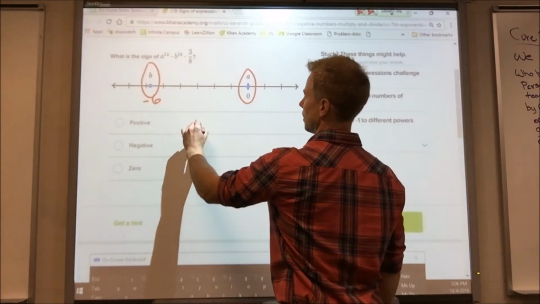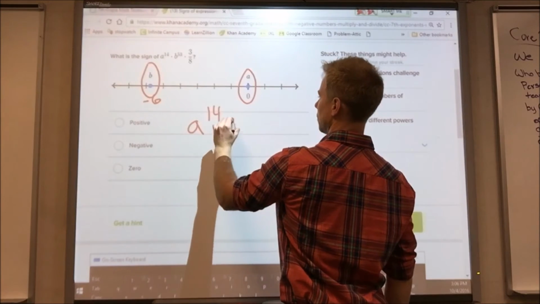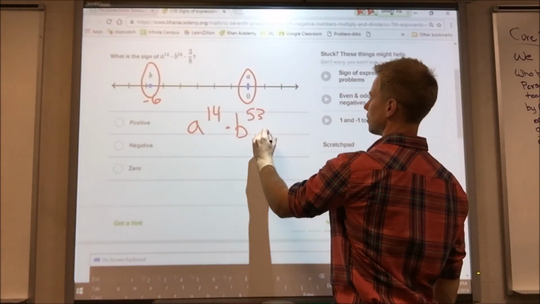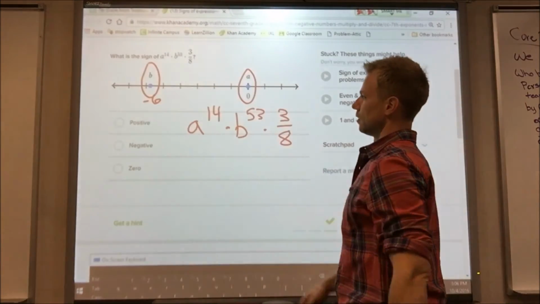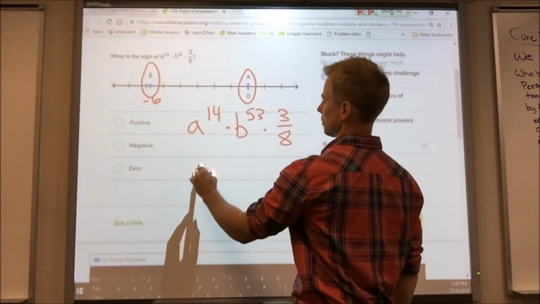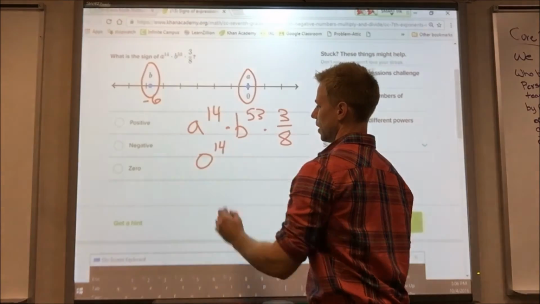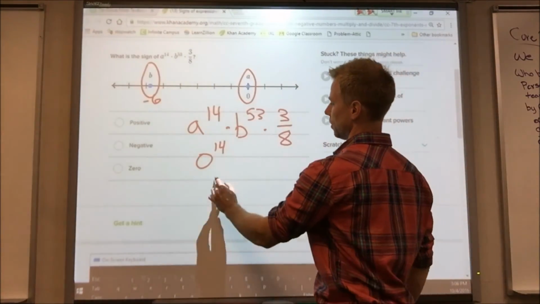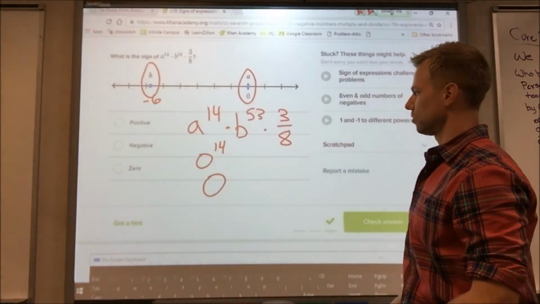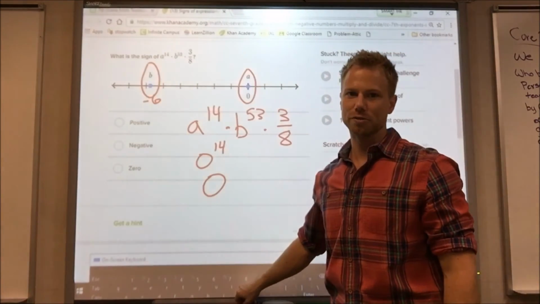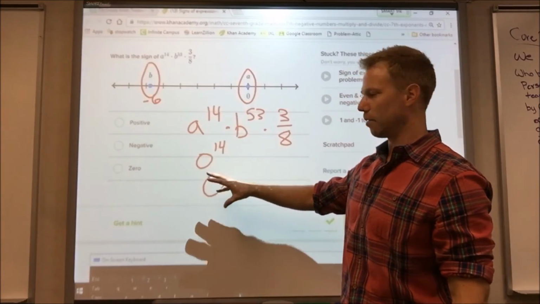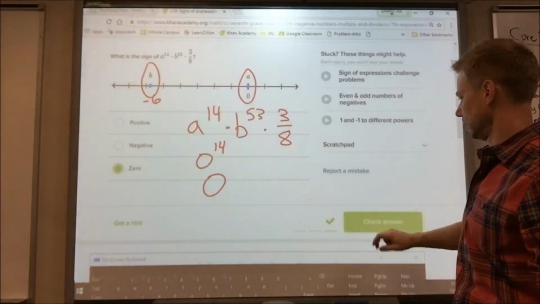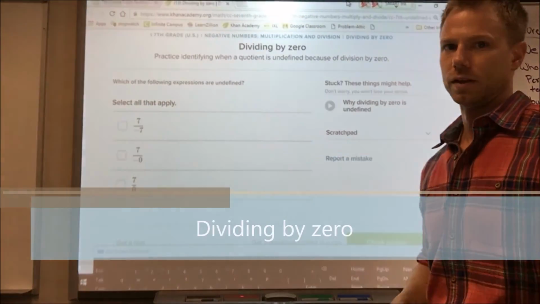Because when I plug that into this problem, I need to count again how many negative signs I have. So A is 0. I have 0 to the power of 14. 0 to the power of anything, like before, is 0. When you multiply by 0, you get 0. So I don't even have to go any farther because I have a 0 in the problem. I'm multiplying, so everything is going to equal 0. And I'm done with that one.